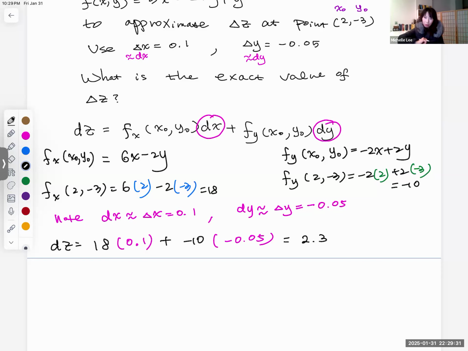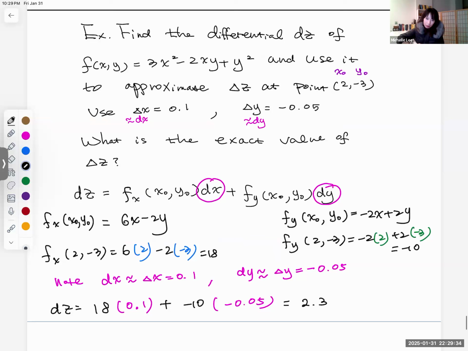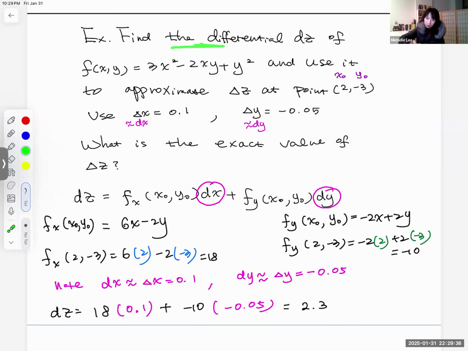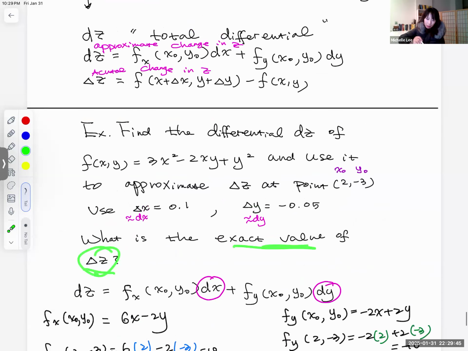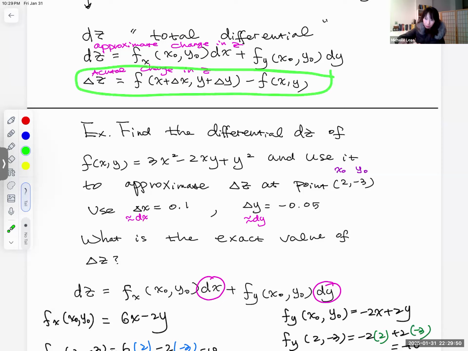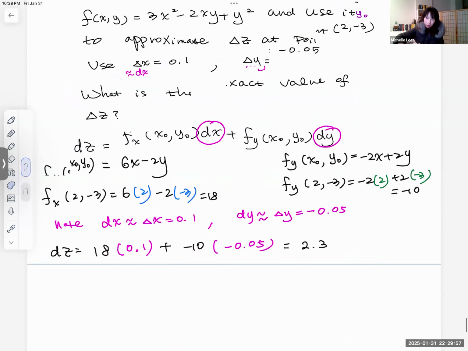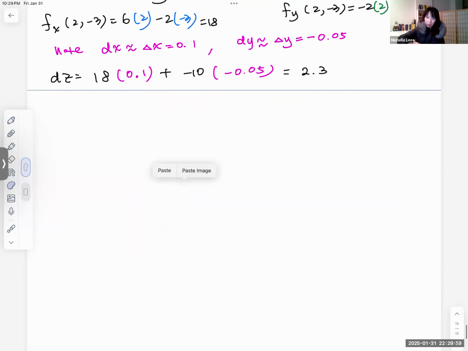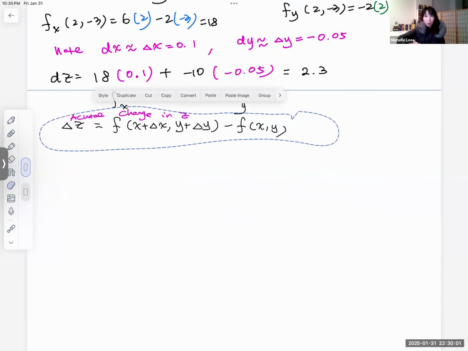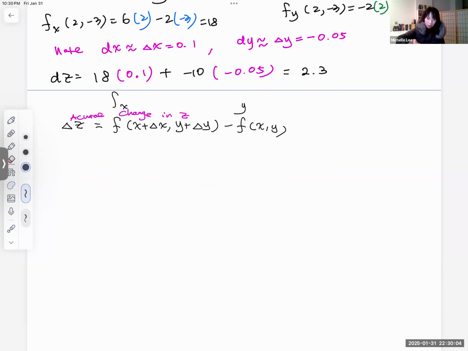Okay, now we found the total differential, dz. Now we want to find the exact value of delta z. So for delta z, we need to use this formula, the actual change. That's the approximate, right? So this is the actual change, so that we can compare.